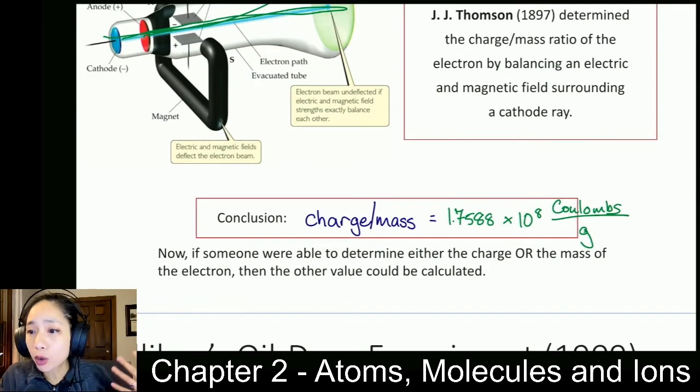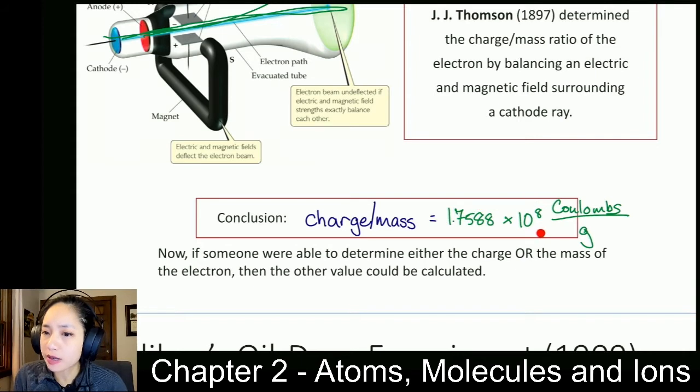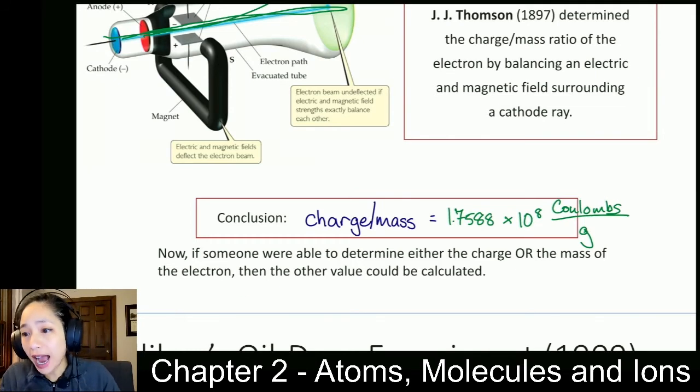So to make it more useful, we need to figure out, well, what is the charge of the electron, or what is the mass of an electron? But this was the first experiment done. So if someone was able to determine either the charge or mass of the electron, we could back calculate and determine the other value. Like if someone figured out the charge, we could use dimensional analysis and figure out the mass of an electron. And that's exactly what happened.